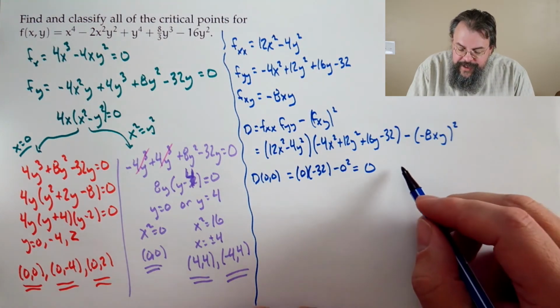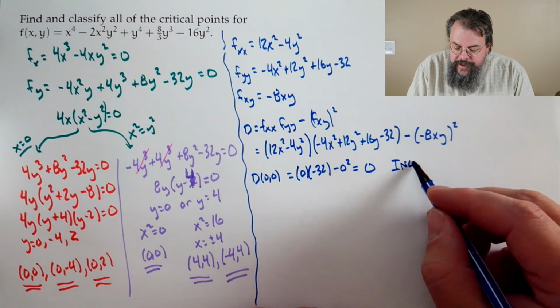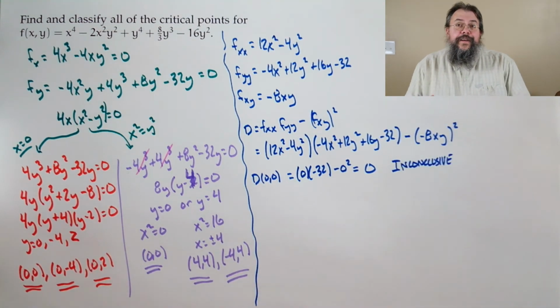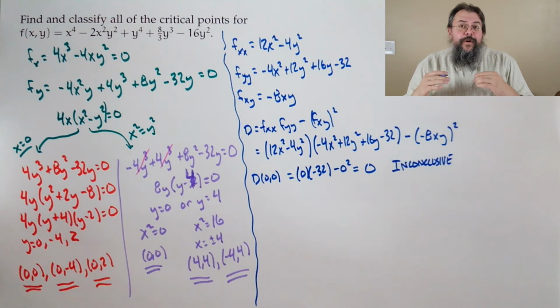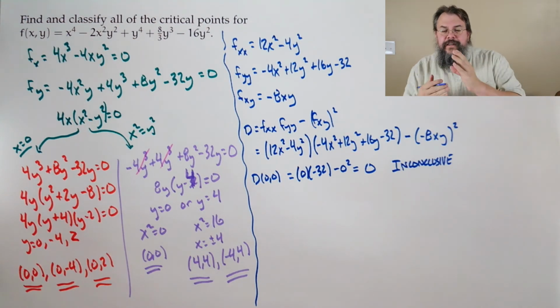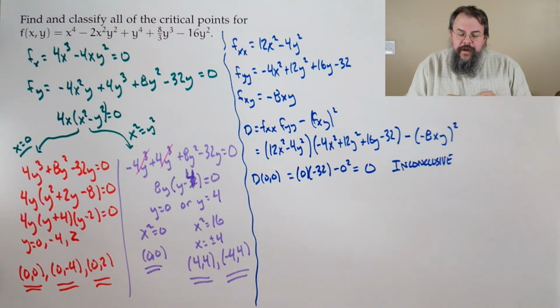So this is inconclusive, and we're going to just ramble for a few minutes here. If it's inconclusive, one of the things you could do, if you really had to know, is say, well, let's look along the different axes and see, can we understand the behavior?